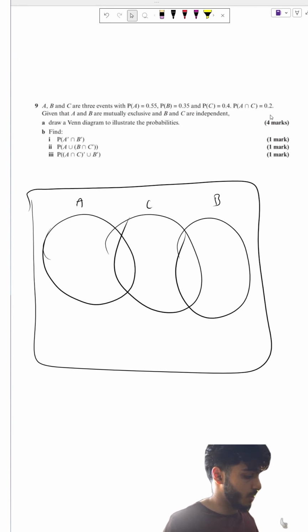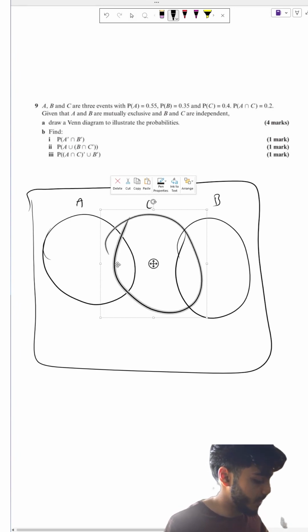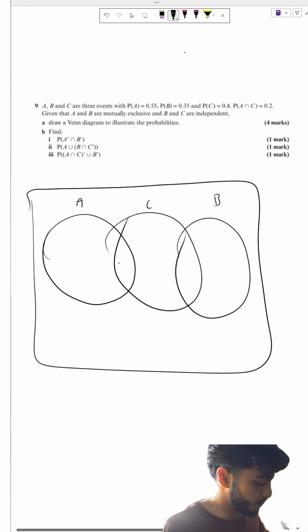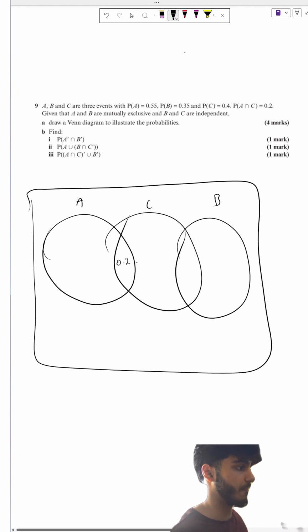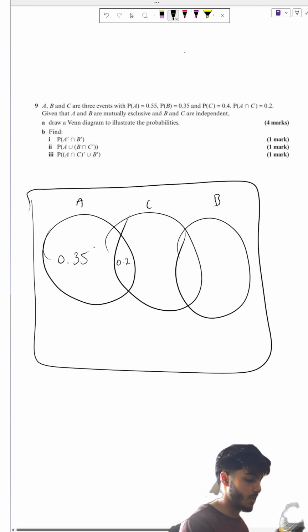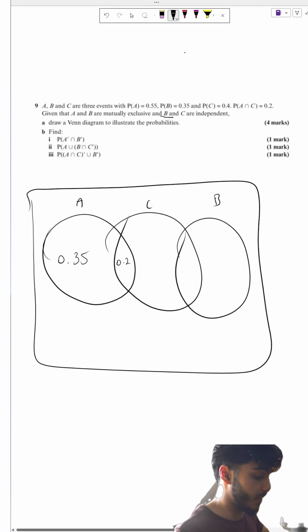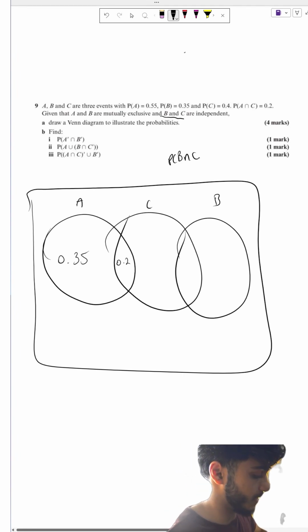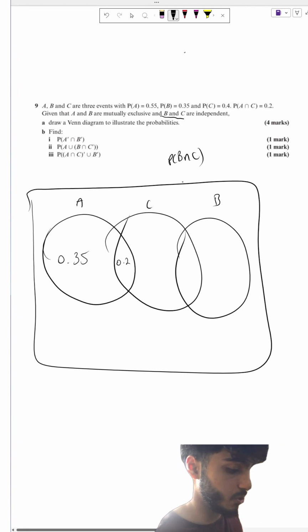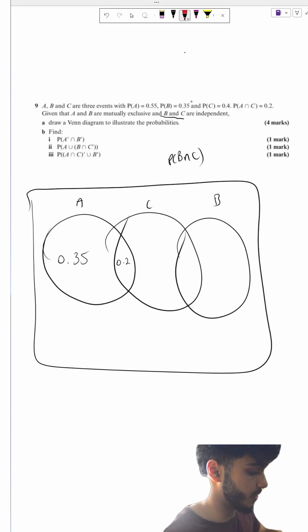So I'm just gonna put the numbers in. A and C, that's gonna be 0.2. Probability of A is 0.55. I'll subtract 0.2. That gives me 0.35 here. B and C are independent, so I'm going to work out what B and C is by multiplying the two numbers together. 0.35 times 0.4.